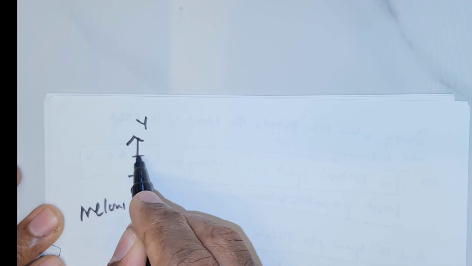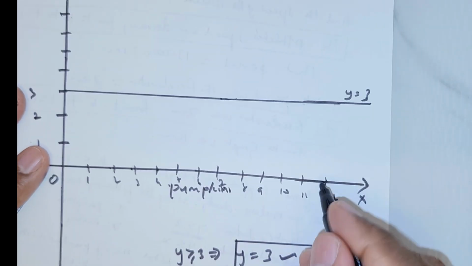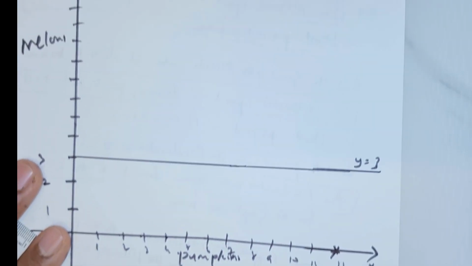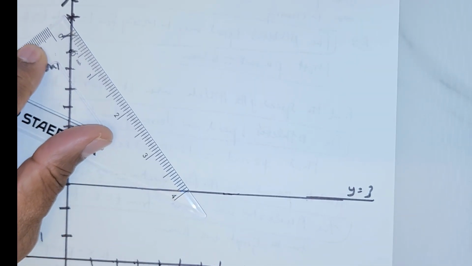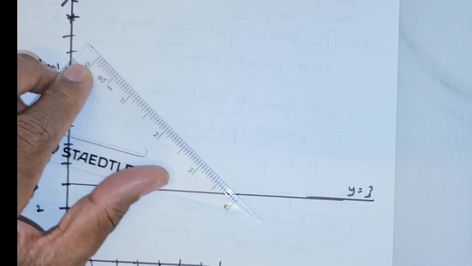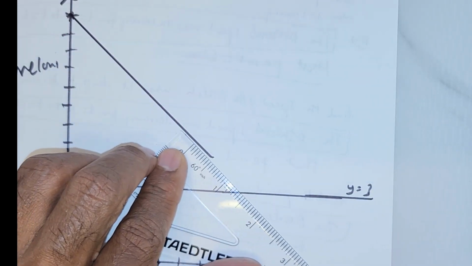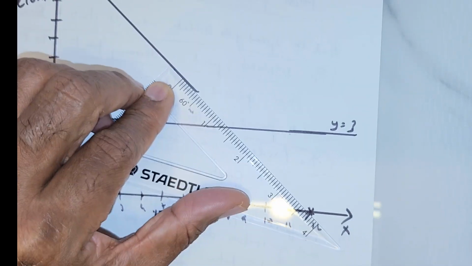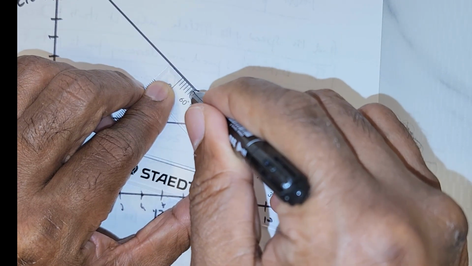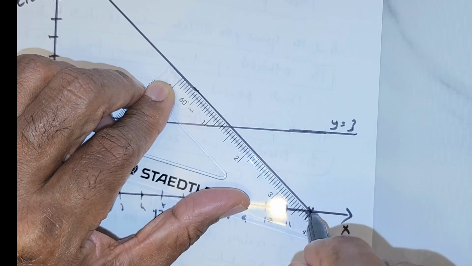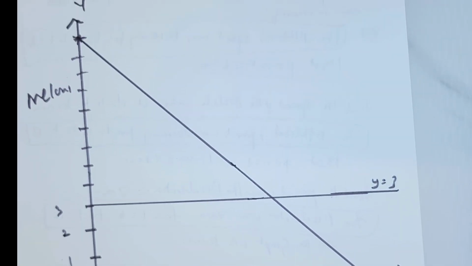So this is the point and this is the point. So we will have to connect these 2 points. That's the graph there.